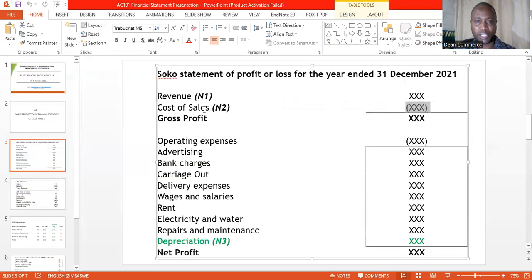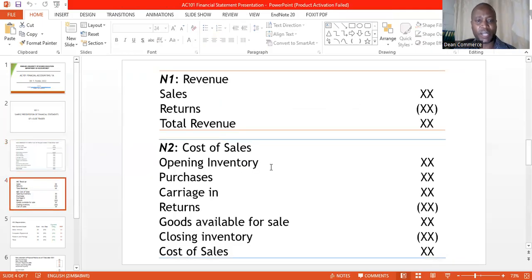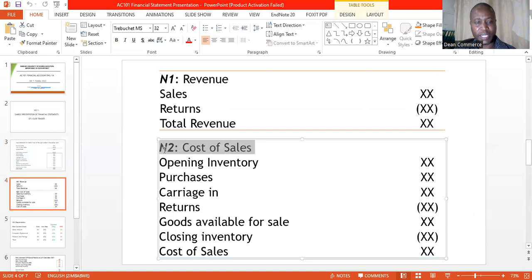And cost of sales is supposed to be deducted from the revenue figure to give us our gross profit. But we want to find out how we can compute the cost of sales, which means we are going to come to note number 2, where we put this heading, note number 2, cost of sales, and then our cost of sales comprises the following.